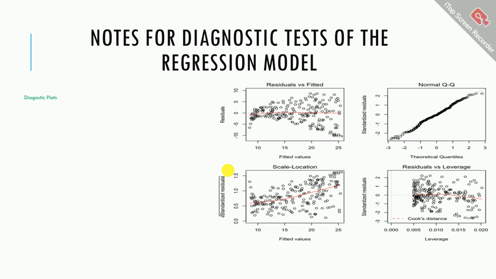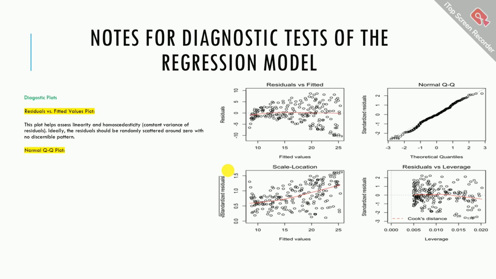So these are the various scatter plots that usually we have in R, that is residuals versus fitted values of the dependent variable. This is used for assessing linearity and homoscedasticity. Ideally, the residuals should be scattered randomly around 0 with no distinct pattern. Then we have the normal QQ plot, which is used for checking normality of residuals.